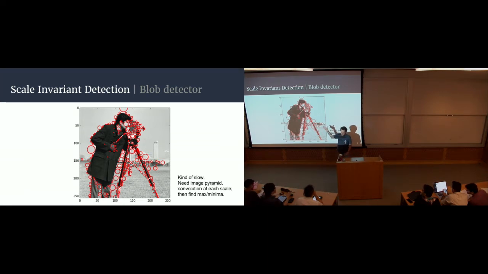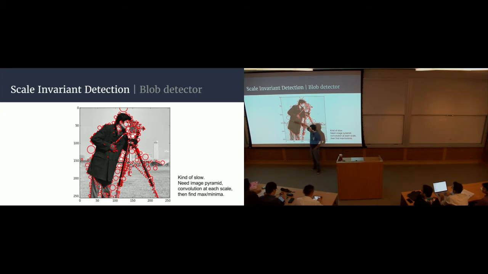This is an actual result. I just ran this algorithm on this image, OpenCV, Python, and that's the result. Some of the features are very small, some of them are medium, some of them are larger.